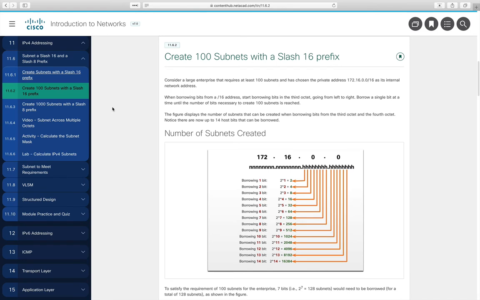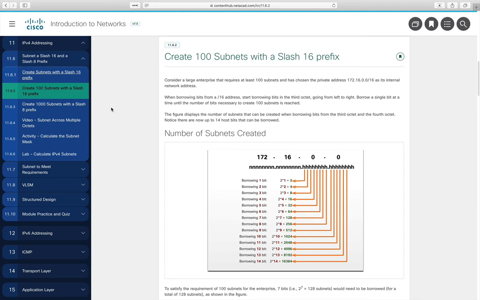So now there's a couple of ways to do subnetting, and what we're going to do is start out with subnets that are equal in size. So we'll either be subnetting for the number of subnets we want, or we may be subnetting for the number of hosts that we need on a network.